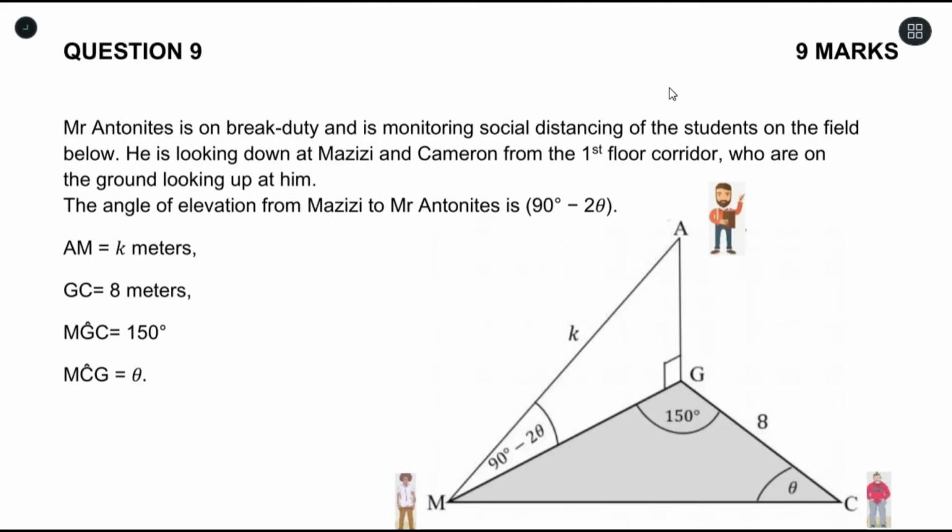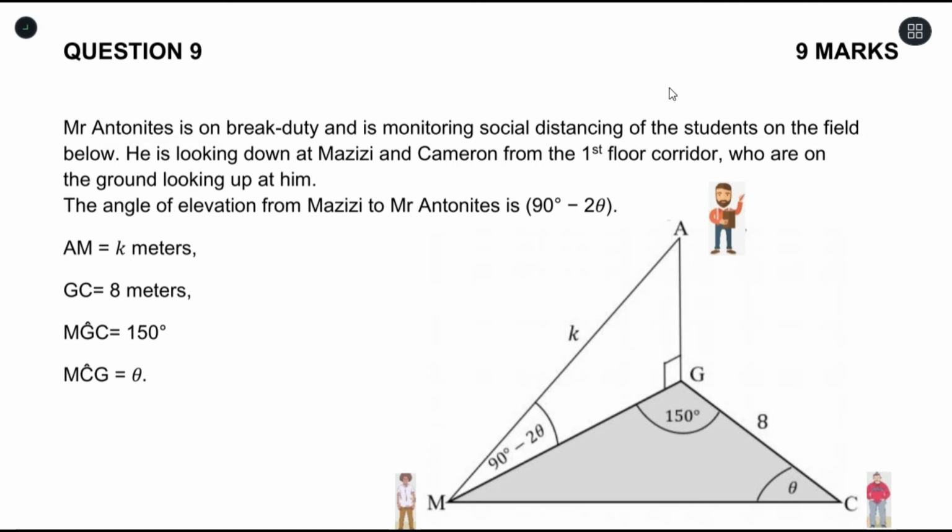So question 9. This question says Mr. Antonite, I'm not really sure how to pronounce his name, but that guy is on break duty and is monitoring social distances of students on a field below. He looks down at Mazizi and Cameron from the first floor corridor, who are on the ground looking up at him.